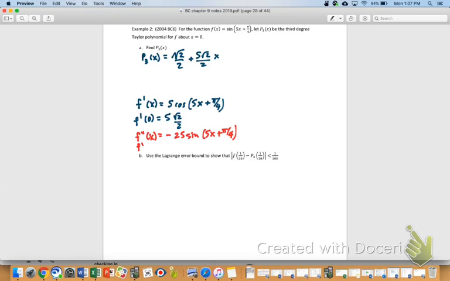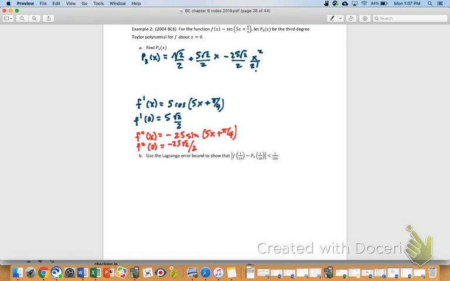So I got f double prime of 0 equals negative 25 times sine of pi over 4. So I'm getting negative 25 root 2 over 2. Still making sense? Okay. So then that term would be minus 25 root 2 over 2 times x squared over 2 factorial. Or, of course, just 2 works also.